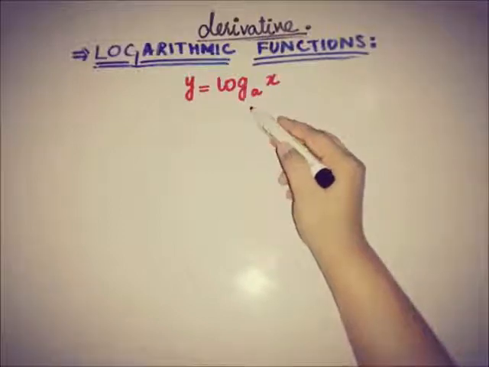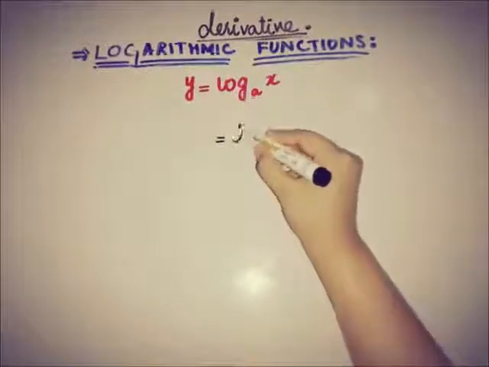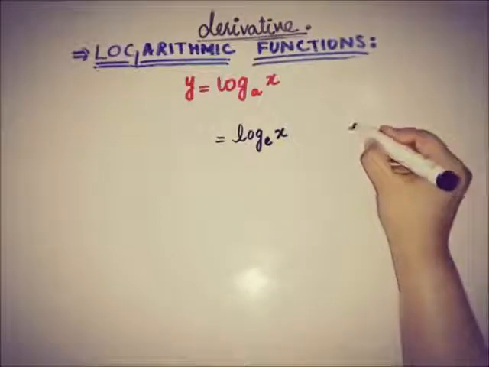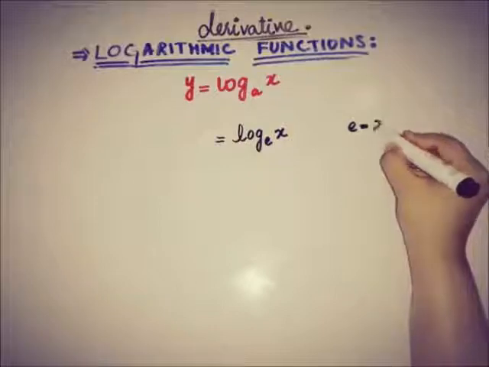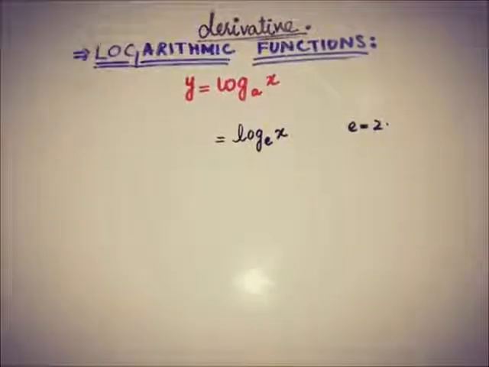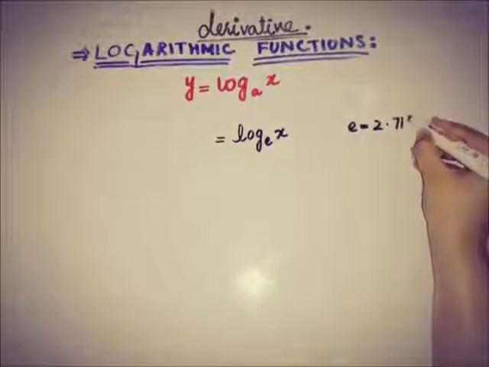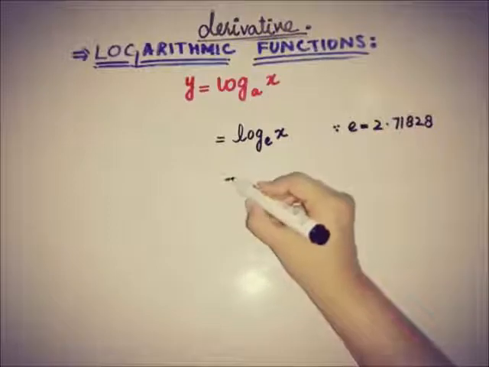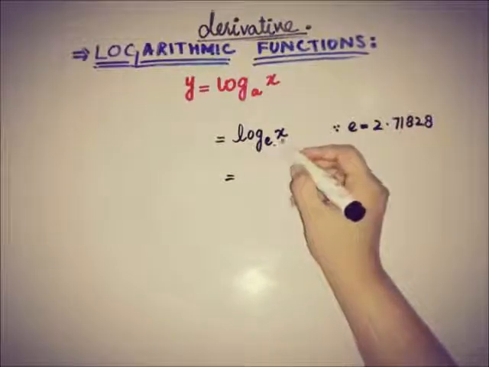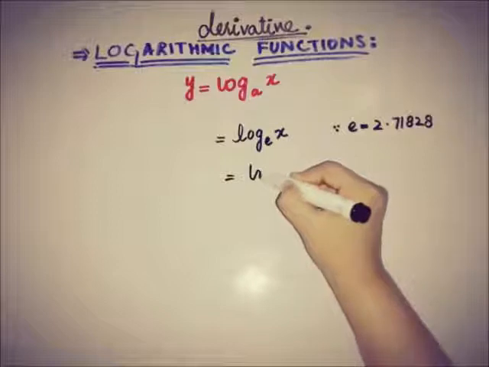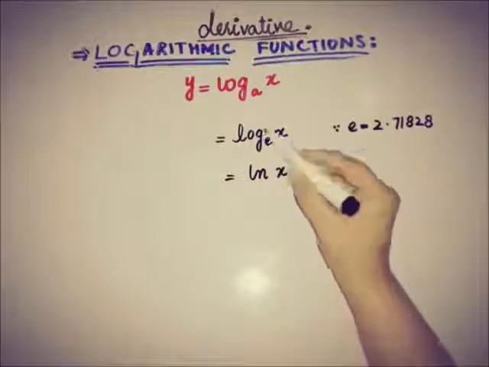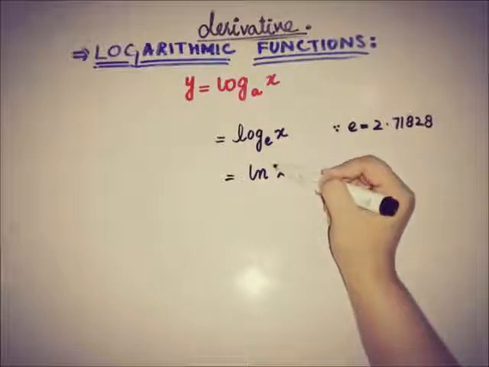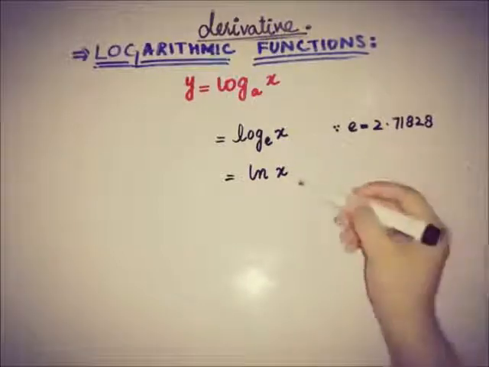If this constant is replaced by a very special constant, that is e, the exponential, having value 2.71828, then log of x with base e becomes natural log of x.